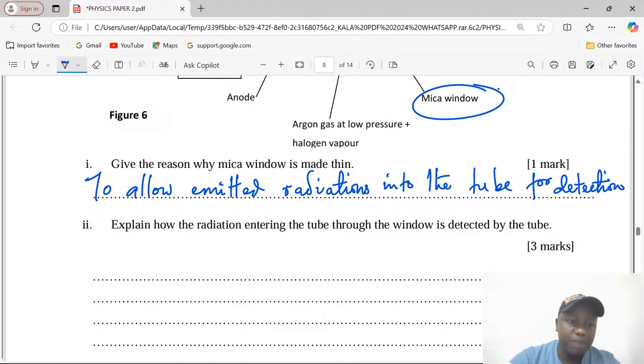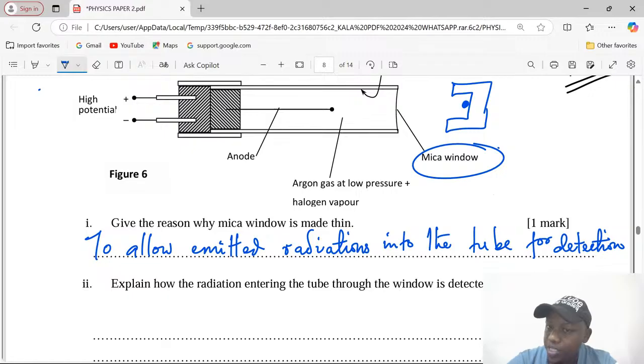If penetration power can be little, then the Mika window is supposed to be thin, so that the one with the least penetration ability, that is the alpha particles, can at least be allowed in and get detected. So the purpose is to ensure that there is detection.